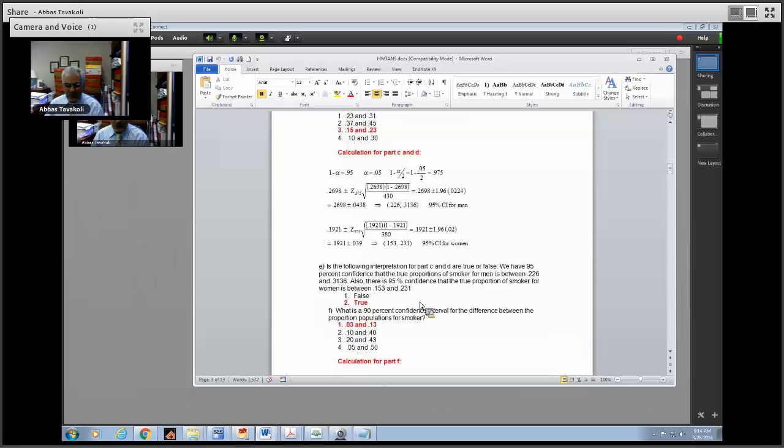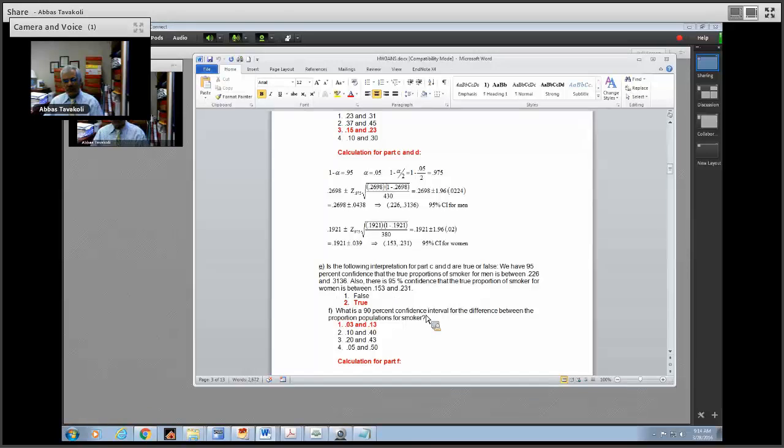What it means is we have 95% confidence that the true proportion of smokers for men is between 0.226 and 0.3136. Also, we have 95% confidence that the true proportion of smoking women is between 0.153 and 0.231.